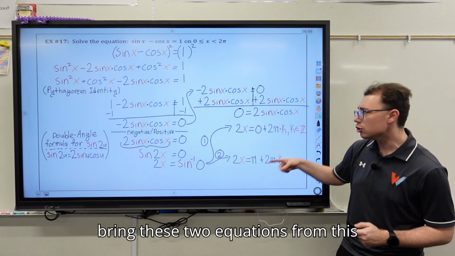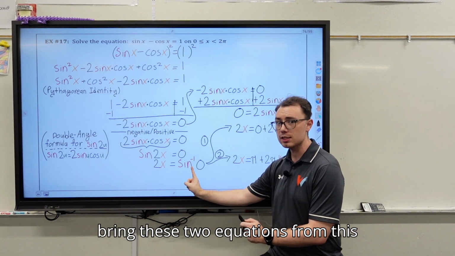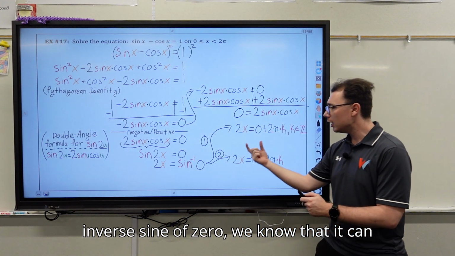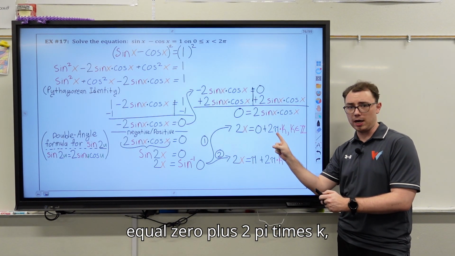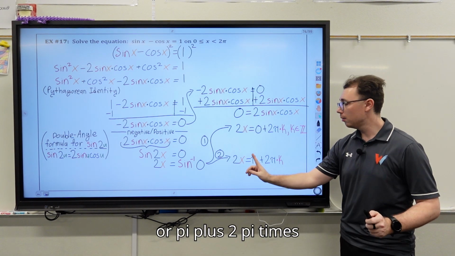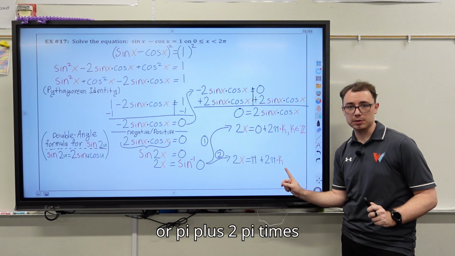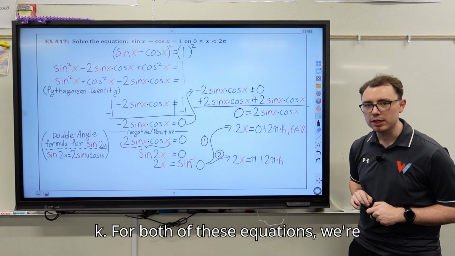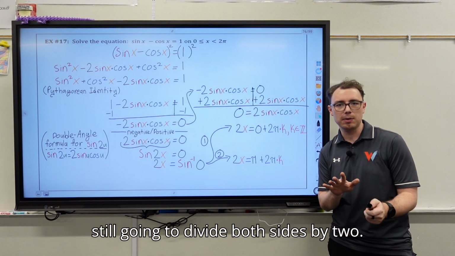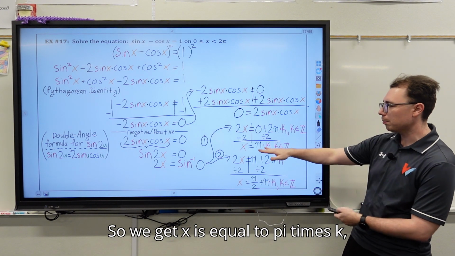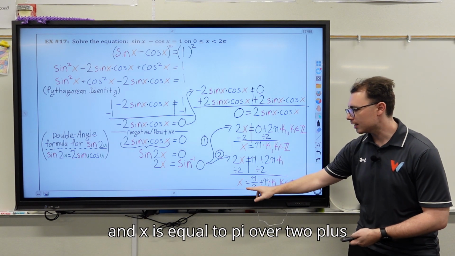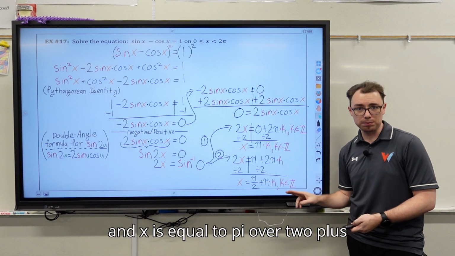So when we bring these 2 equations from this inverse sine of 0, we know that it can equal 0 plus 2 pi times k, or pi plus 2 pi times k. For both of these equations, we're still going to divide both sides by 2. So we get x is equal to pi times k, and x is equal to pi over 2 plus pi times k.